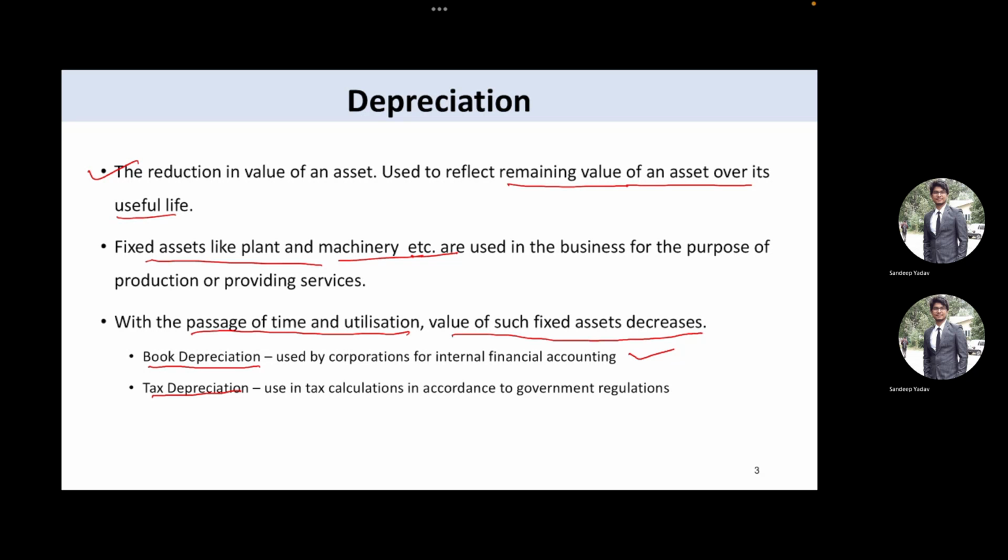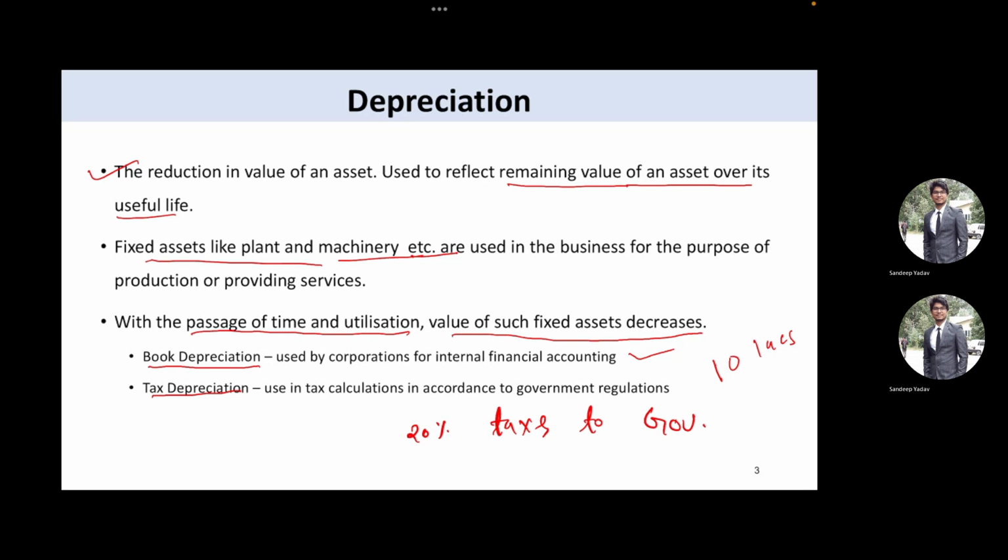Suppose there's an industry which bought something for 10 lakh rupees, and they have to pay a hefty amount of tax, like 20% tax to the government.